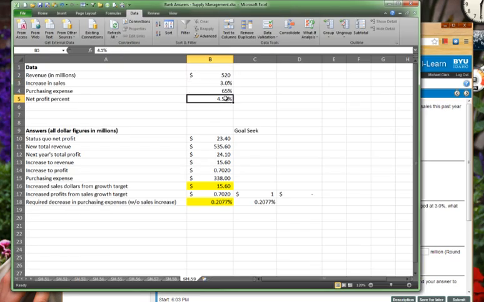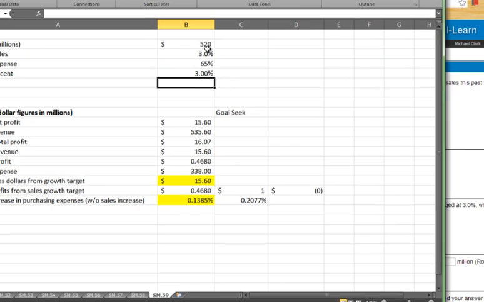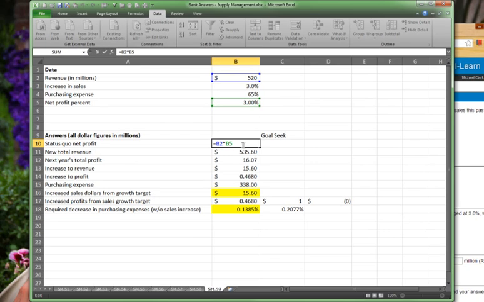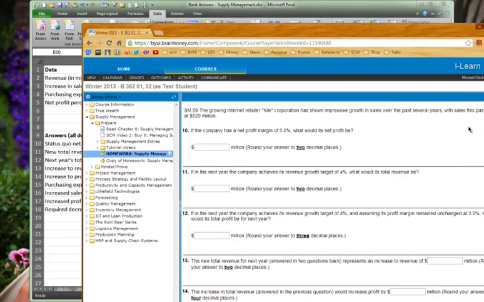You'll notice that all the data is clearly labeled. And that gives us a net profit of $15.6 million. Simply taking the revenue times the net profit percentage gives us $15.6 million. So we'll just submit that right here, $15.6 million.